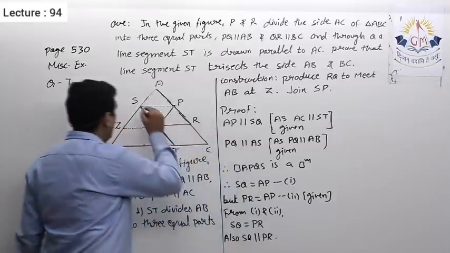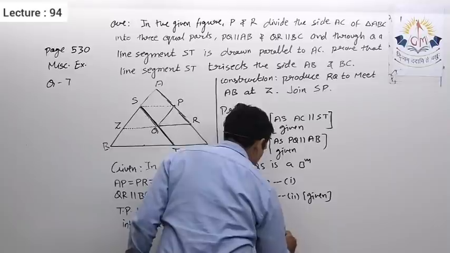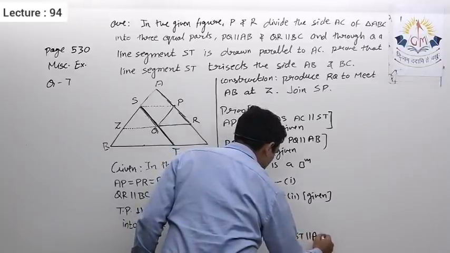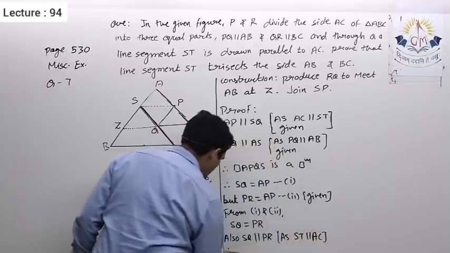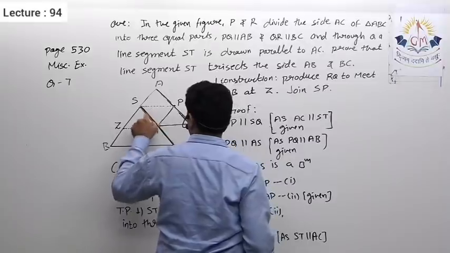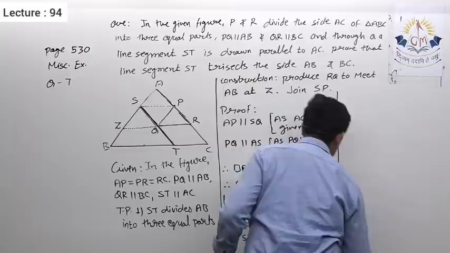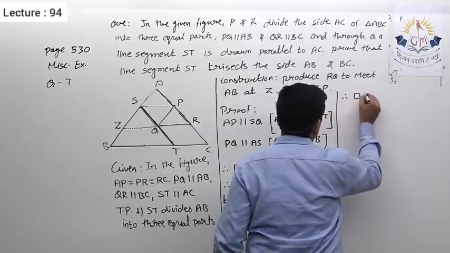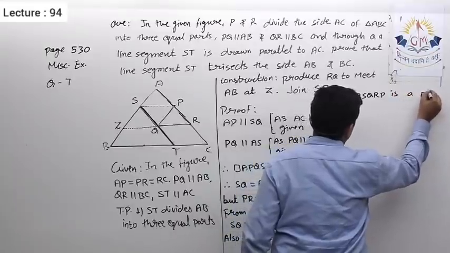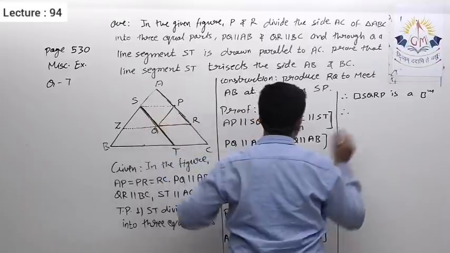Why SQ parallel PR? Because it is given ST parallel AC. Therefore, quadrilateral SQRP is a parallelogram. So SP is parallel to QR.